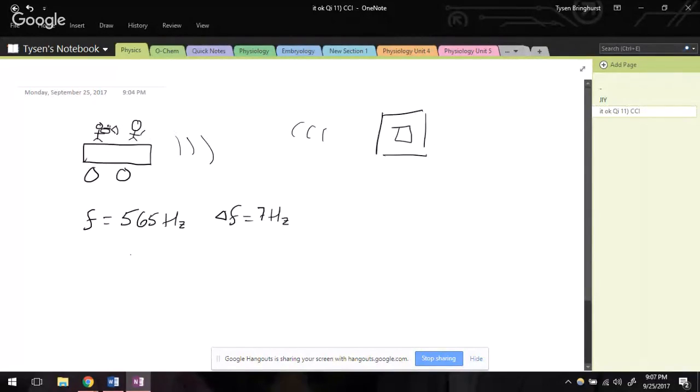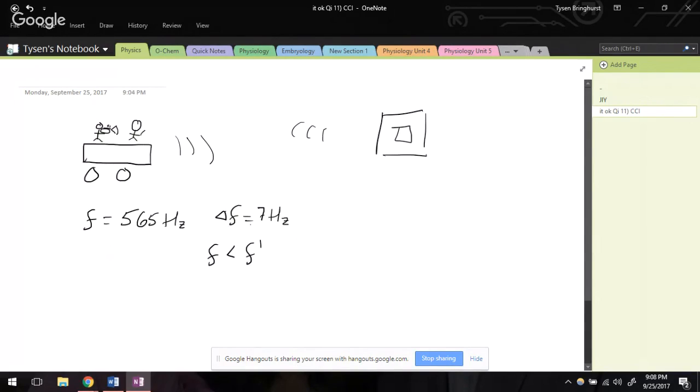Exactly. Well, so we'll start off by noting that the beat frequency means that the conductor is hearing a shifted frequency that's been shifted by 7 hertz. And so in this case, since he's moving towards the building, F is going to be less than F prime.